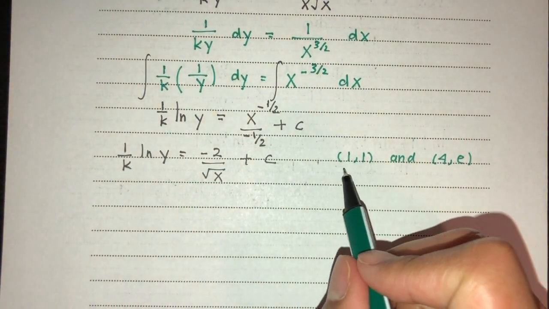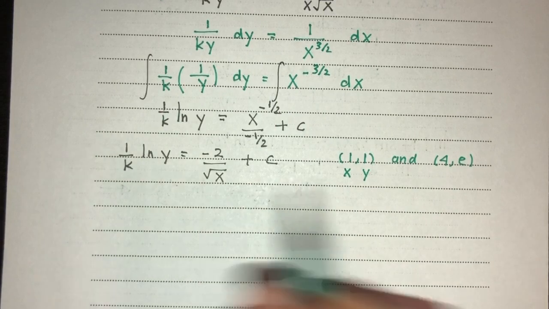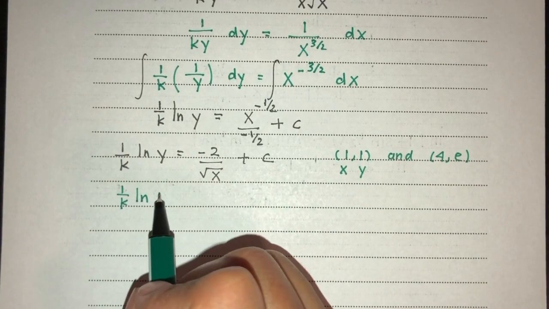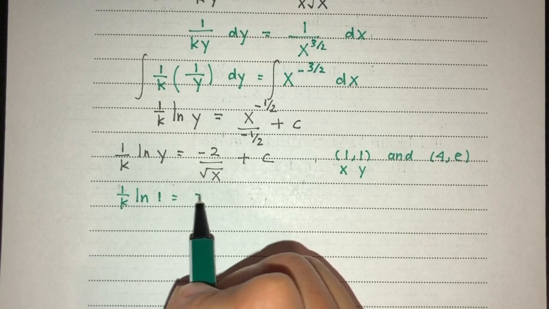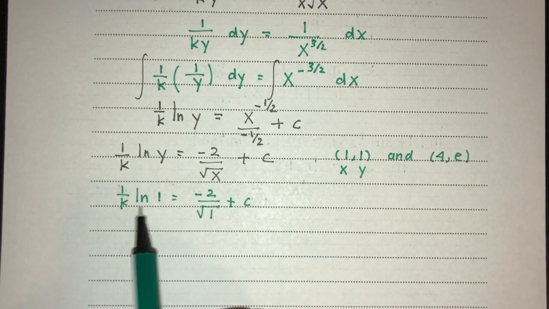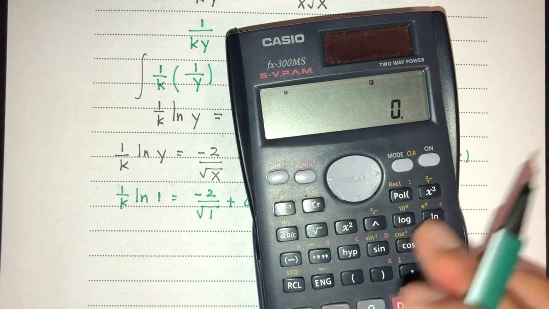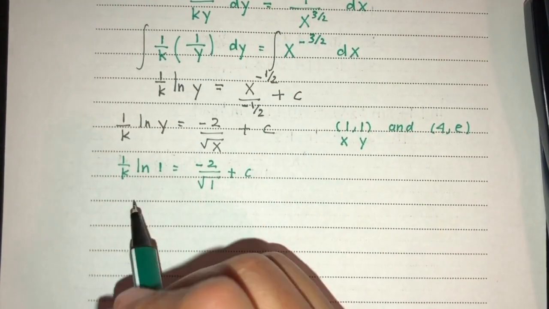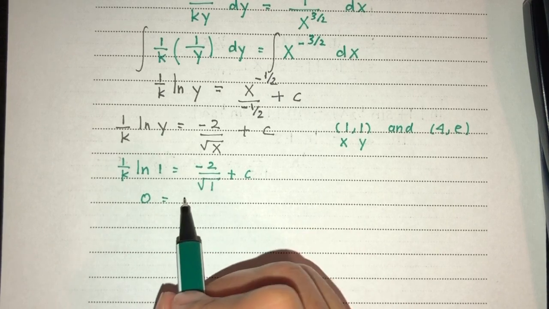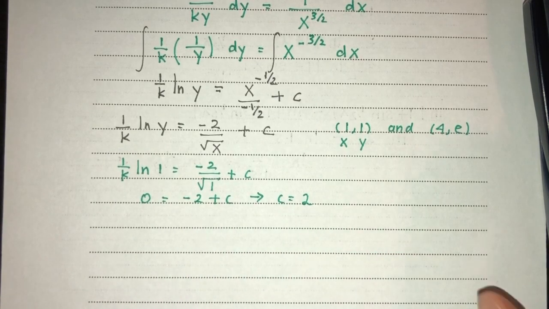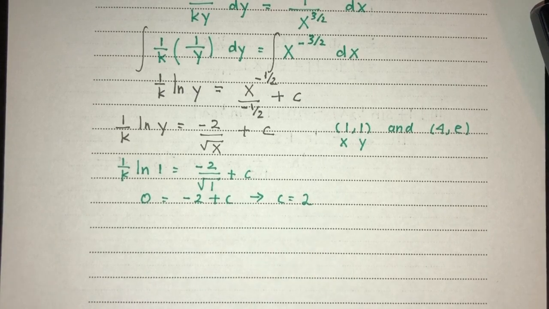So for the first one here, we have x and y. So 1 over k ln 1 equals minus 2 over root of 1 plus c. Now ln 1 is equal to 0, you can check. That will be 0 is equal to minus 2 plus c. C will be 2. That is the value of c.